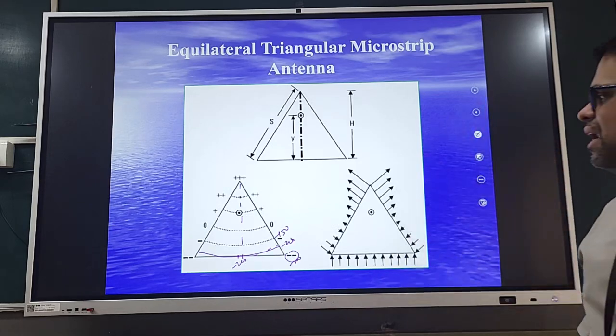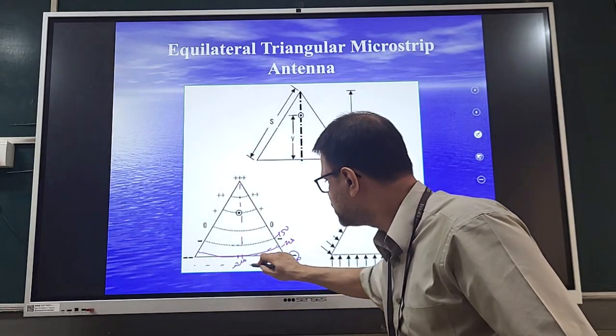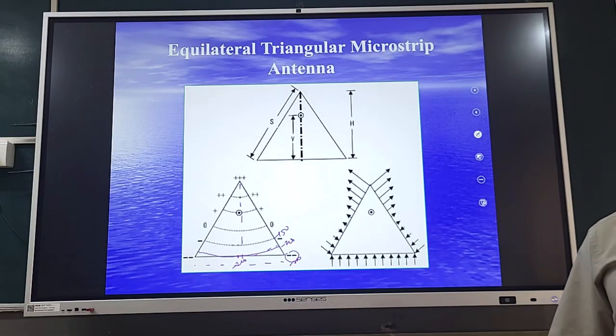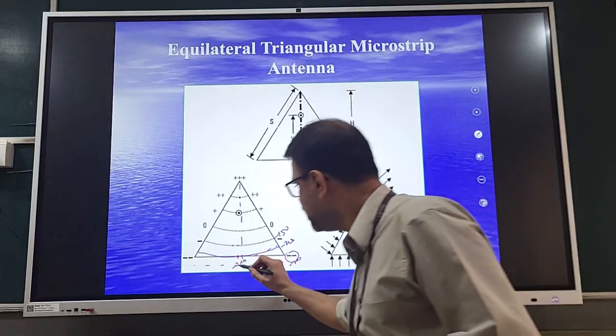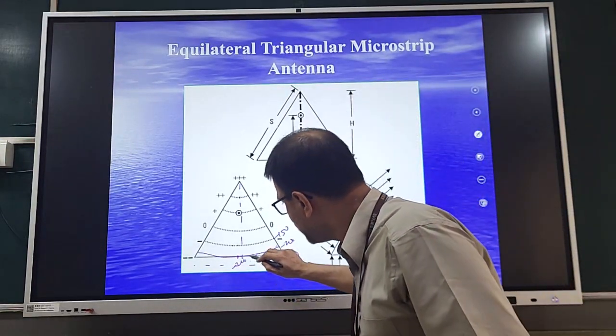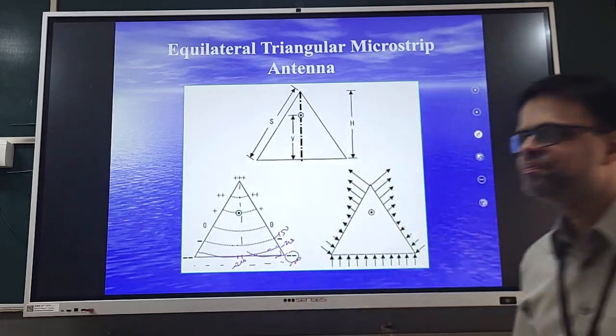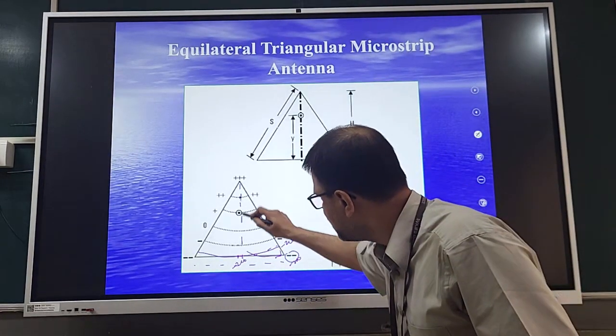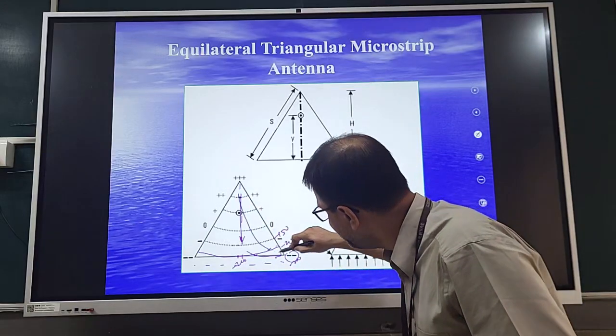So that itself creates, if you go across the base of the equilateral triangular patch, there also you will see variation. What will it cause? Just imagine, here you have minus 200, minus 300. What will it lead to? It will lead to a current flow like this. So ideally the current flow should be like this, but it is tending towards like this.